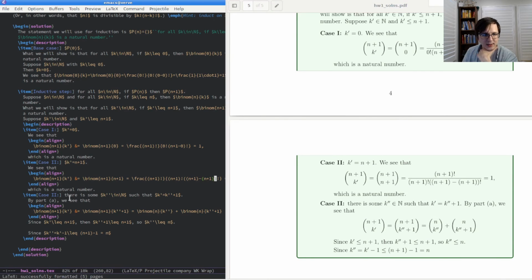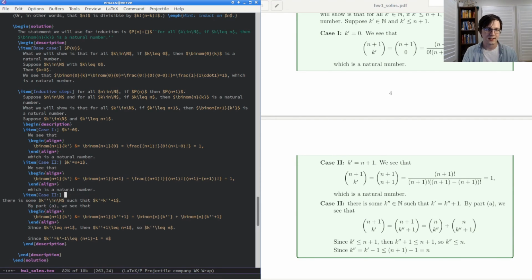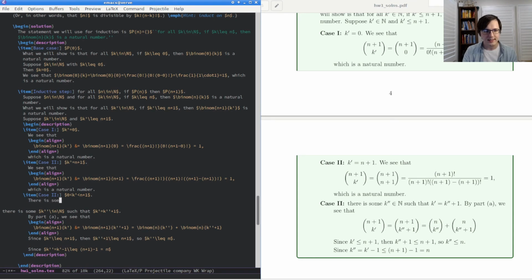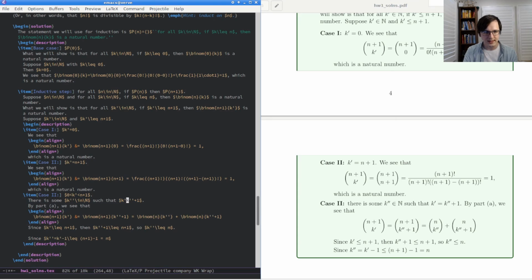Okay, so case 2. I'll state it differently now, which is that 0 is less than k prime is less than n plus 1. So now what we have is that there is some k double prime in n such that k prime equals k double prime plus 1.